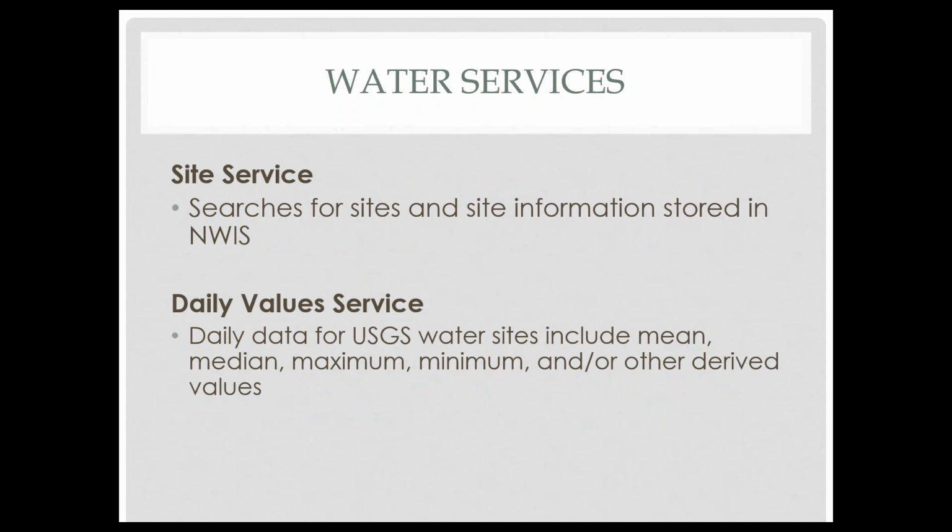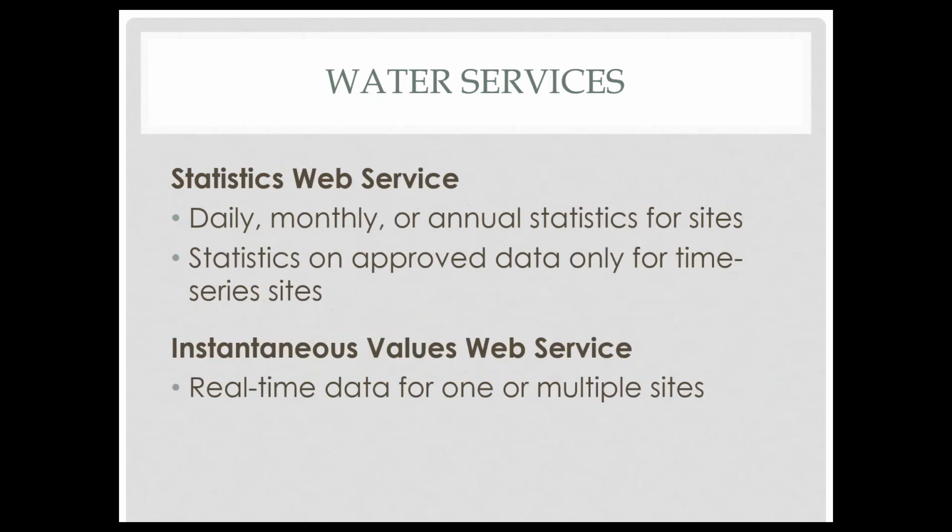This service will allow you to find basically site information, just site information. Once you have your sites, you can then go in and do a retrieval on daily values. So this is mean, min, max, all the different statistics that we serve for the different types of data that you're interested in, whether it's surface water, water quality, or groundwater.